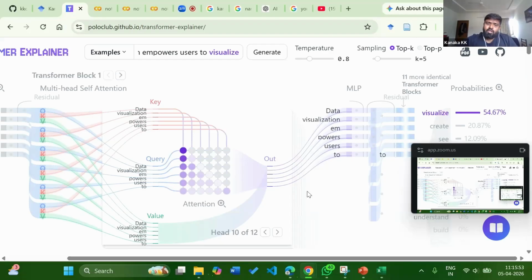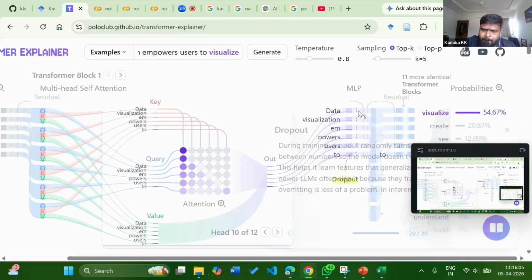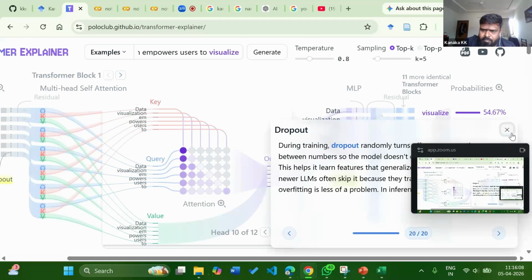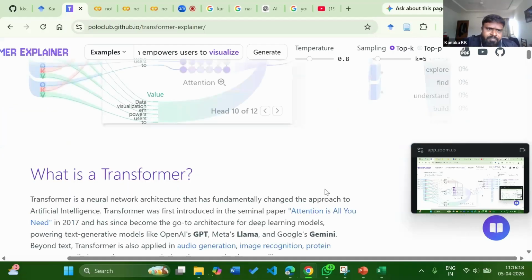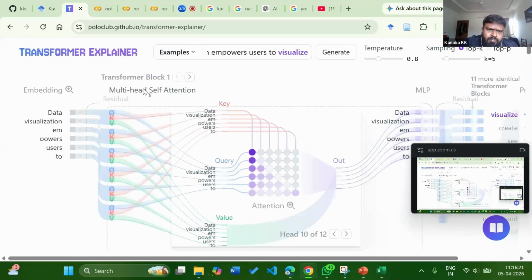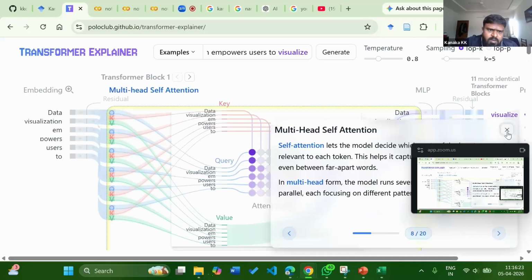Now each attention head gives some value, and they are concatenated. You can see the animation here. The vector coming from one attention head is a single vector.